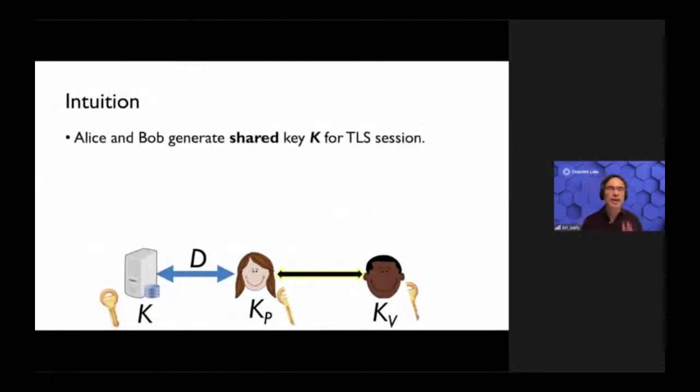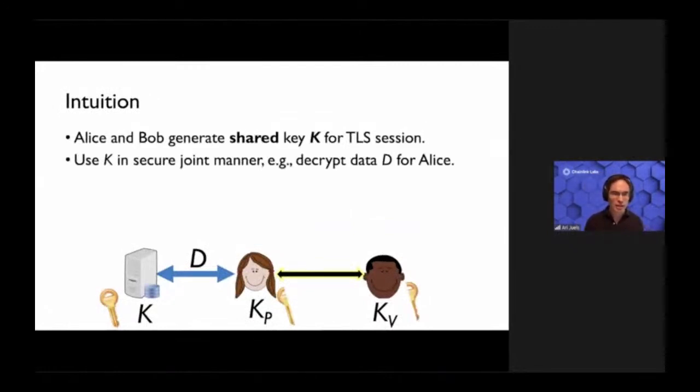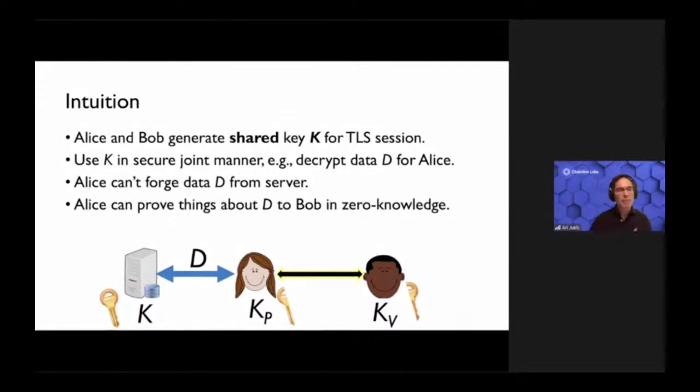So the intuition is that Alice and Bob generate this shared key K, the TLS session, and they use this shared key in a joint manner, securely. They can do things like decrypt data for Alice. The protocol is such that Alice can't forge data from the server because she doesn't know the session key at a critical time, but she can prove things about the data provided by the server to Bob in zero knowledge.